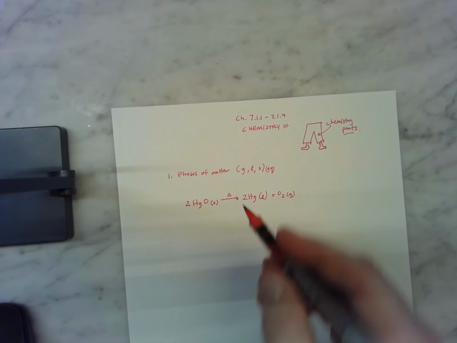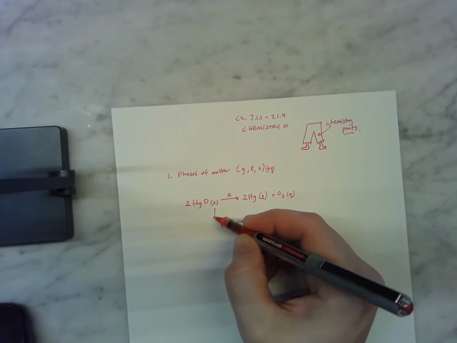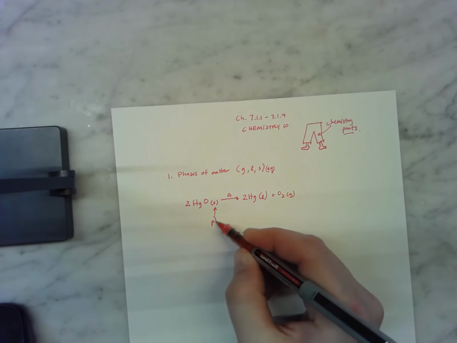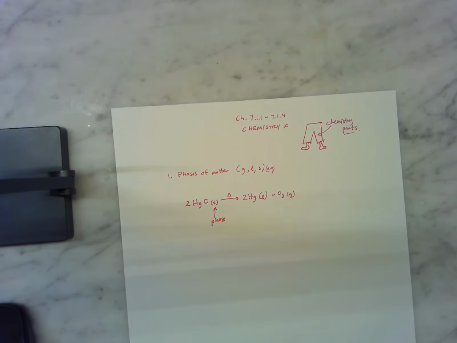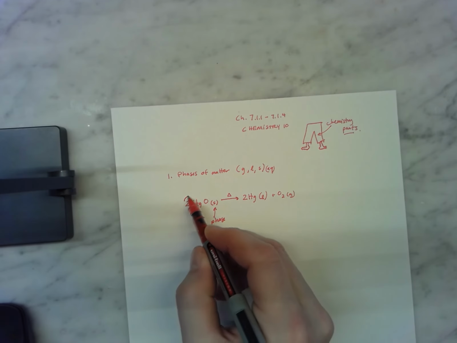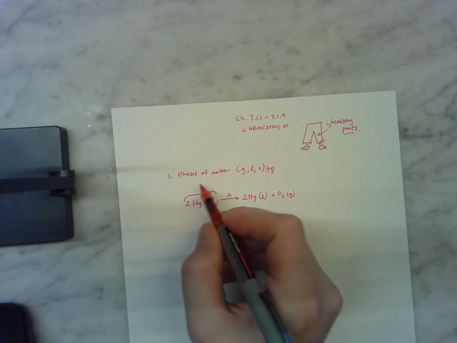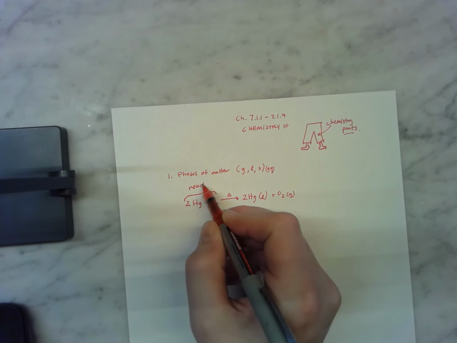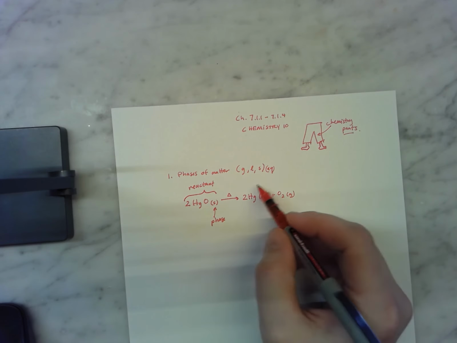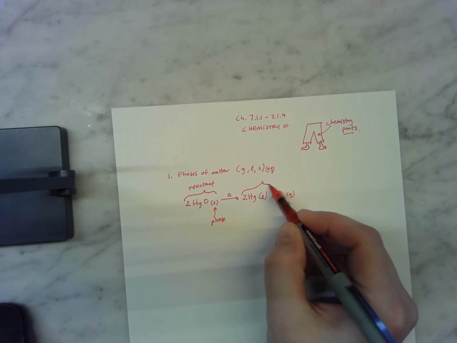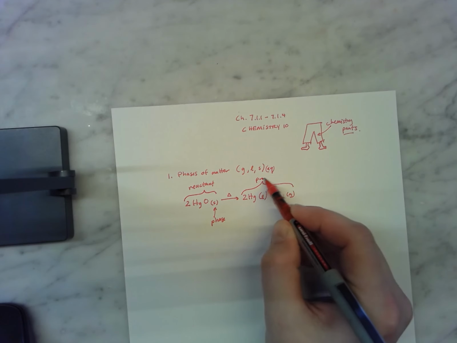So we've got the phase of matter. And we need to also note that this is the reactant side, and this is the product side.